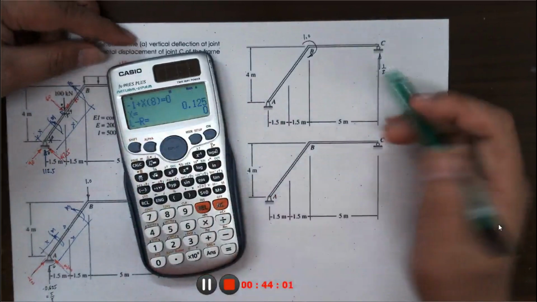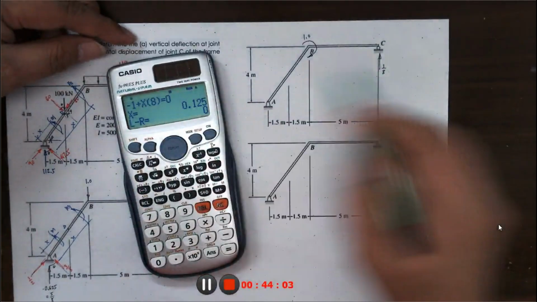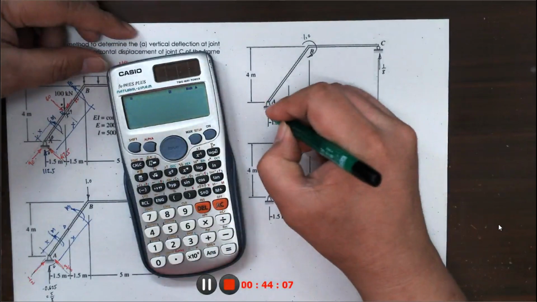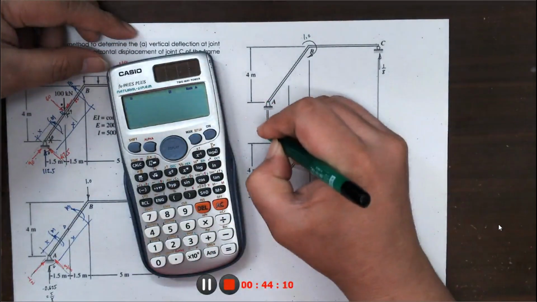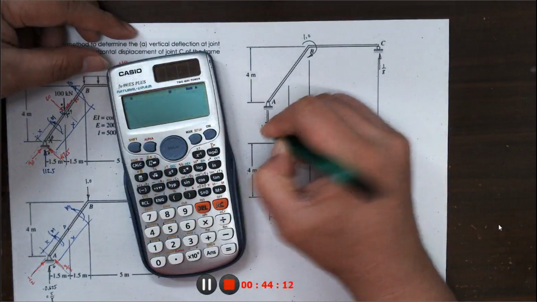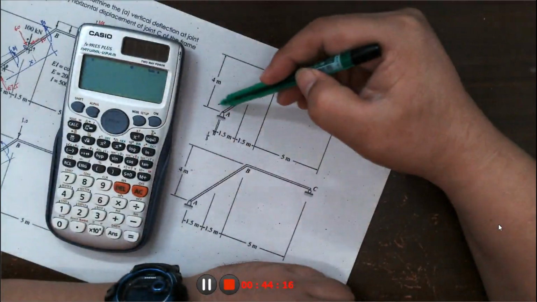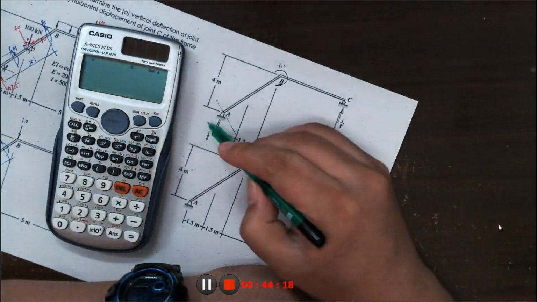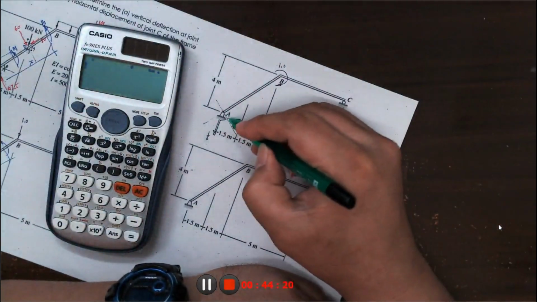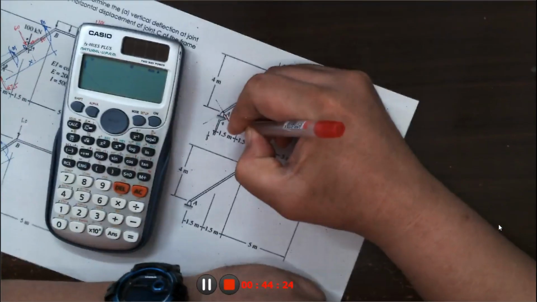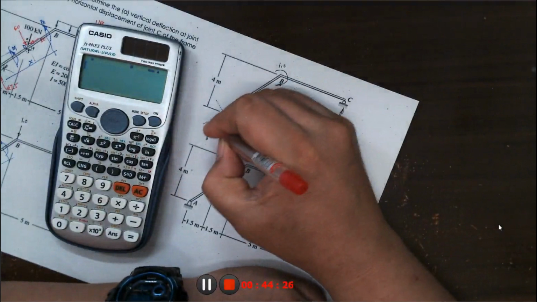So 0.125 or 1 over 8. So this is upward, this is downward, 1 over 8. So resolve again into components. This is theta. It only has the downward component, and then this.